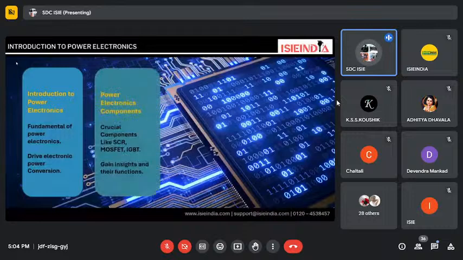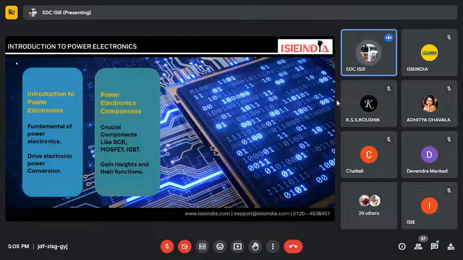In the second topic, we will also see the crucial power electronic components, which are SCR, MOSFET, and IGBTs, which work at high voltage and high current. In EVs, I hope most of us from an electronics background know that switching devices like thyristors and transistors usually work at low voltages, like 5 volt or 15 volt.